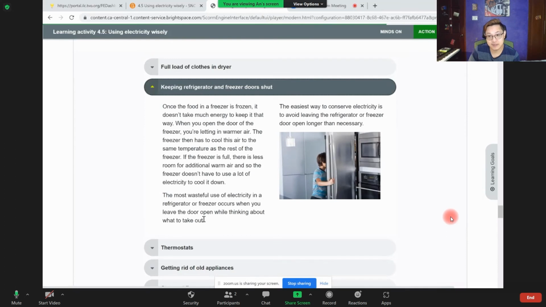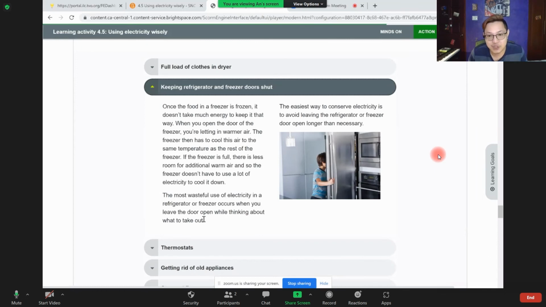They said something about an oversized load. If you put too many in the machine, sometimes it won't work, and the clothes won't even dry properly. So too much of a good thing is not that good. So be careful. Just a full load, but not oversized. Don't overdo it.